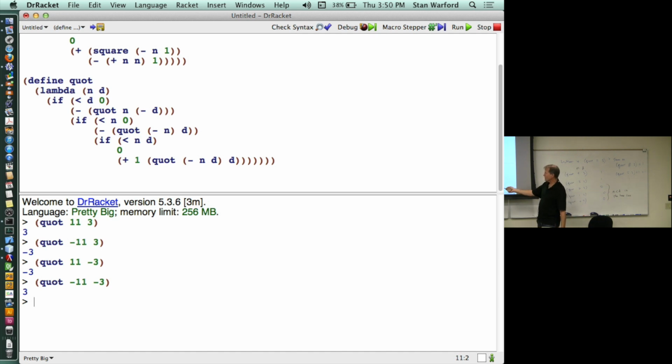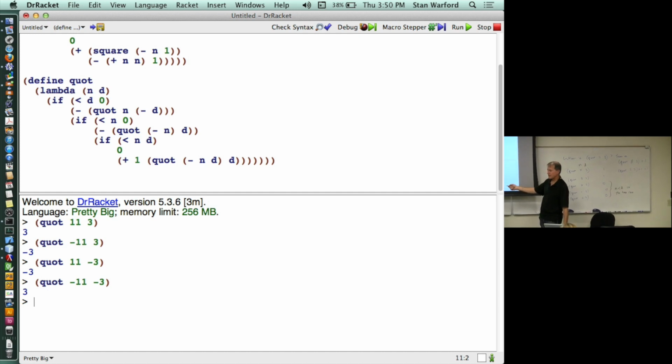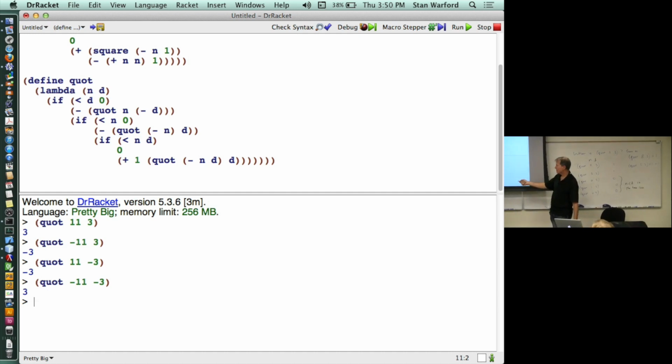But what happened when we did this quote negative 11, negative 3? Let's try to trace what happened here. First it called itself right here, right? And then it's doing this. So d is less than 0 is true. So what does it do? It calls this.